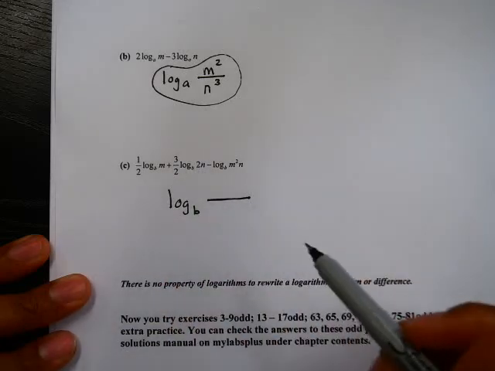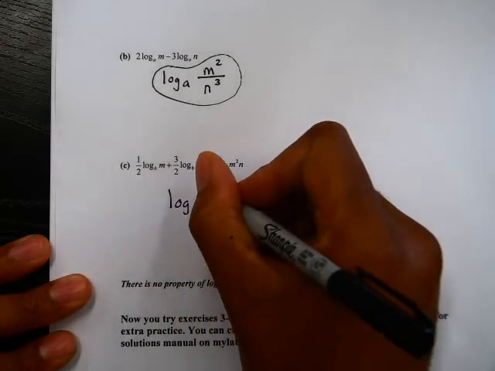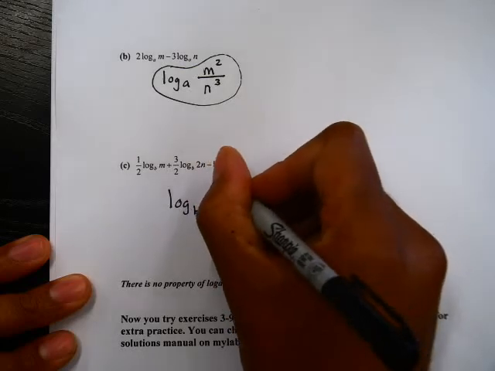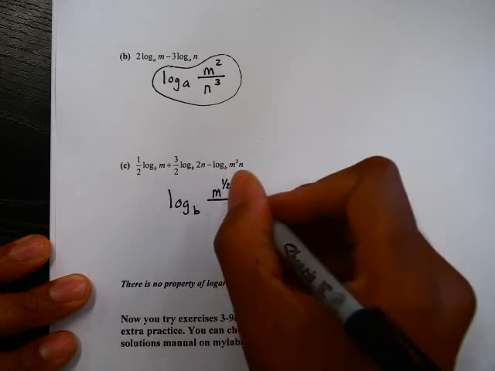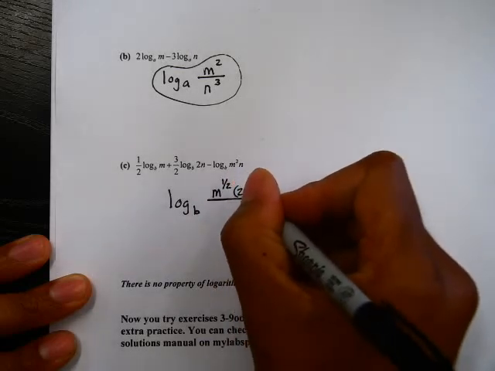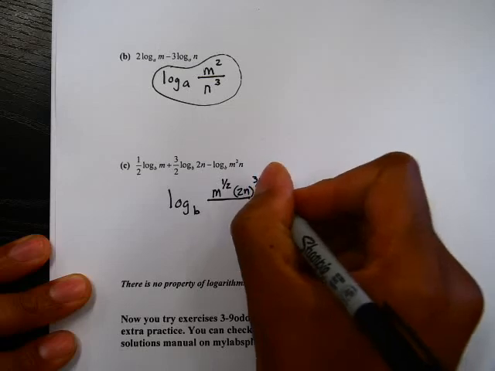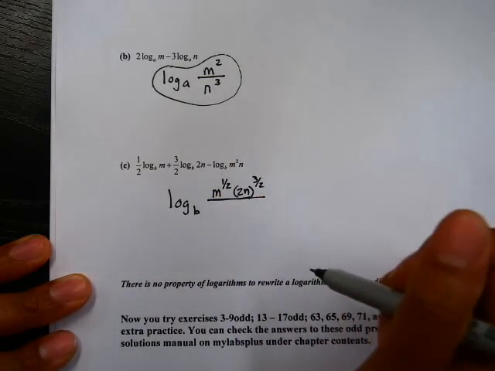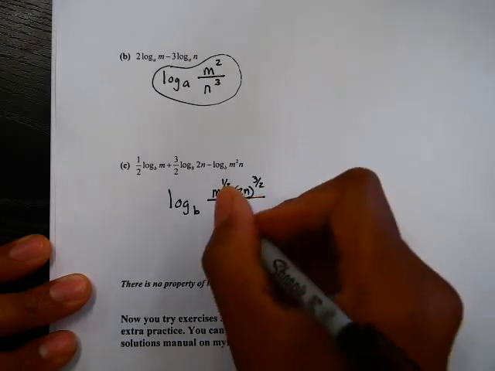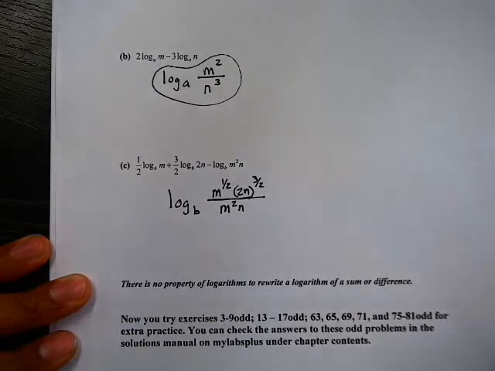First part, that's a positive 1/2 log base b of m, so that would be m to the 1/2 power up top plus 3/2 log base b of 2n, so that would be 2n to the 3/2 power up top minus log base b of m squared n, and so we would just put m squared n at the bottom.